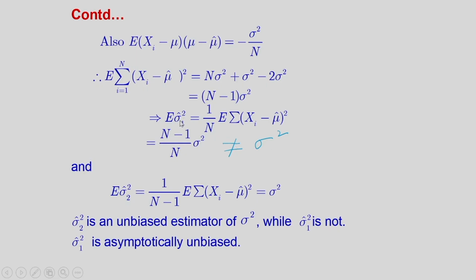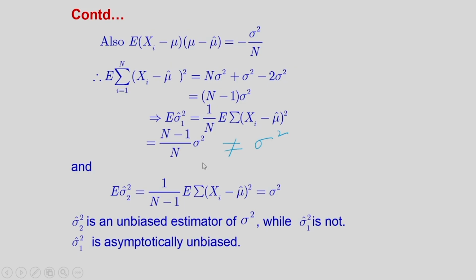Therefore it is not an unbiased estimator. But if we consider sigma 2 hat square, that is equal to 1 by (n minus 1) into summation of (xi minus mu hat) whole square, its expectation is equal to sigma square. Therefore sigma 2 hat square is an unbiased estimator of sigma square, while sigma 1 hat square is not.